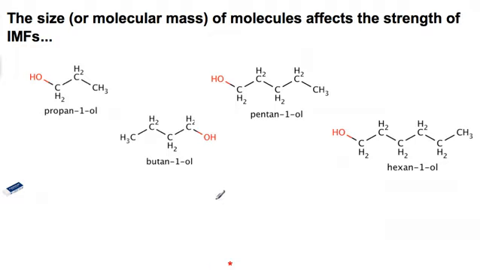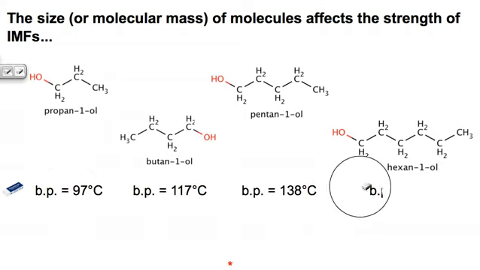We can see that in the alcohols again, so if you predict this, it's kind of already in order, but they all have the same functional group. It's just a matter of the size of the molecule. As we add more CH2 groups, we increase the amount of dispersion forces.